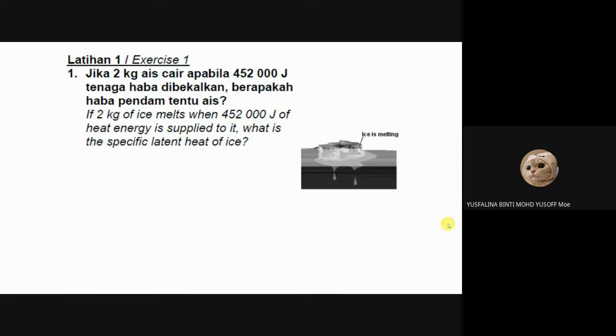It says here, if 2 kg of ice melts when 452,000 joule of heat energy is supplied to it, what is the specific latent heat of ice? Yesterday we already learned this. Specific latent heat means the amount of heat energy required to change the phase of 1 kg of substance without change in temperature.